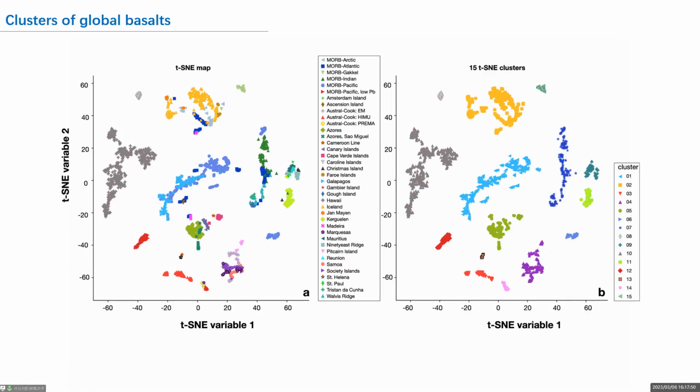basalt into 15 groups, and within each group, they share an affinity in isotopic composition. The data structure of this figure shows that the 15 clusters are separate, and we can deduce a similar structure in high-dimensional space. So it proves that the overlap of isotopic data does not exist.